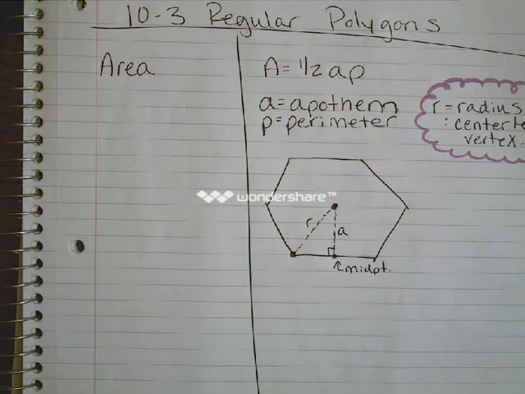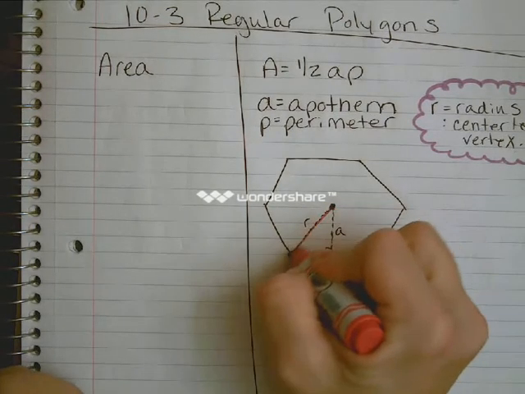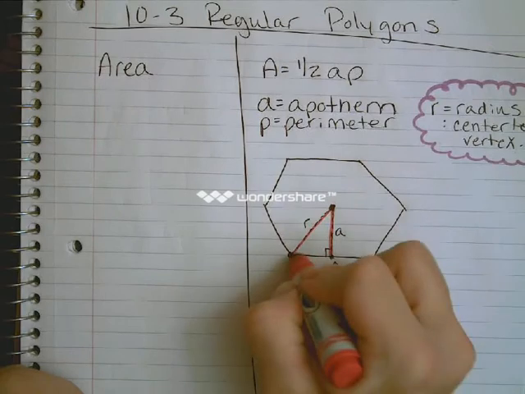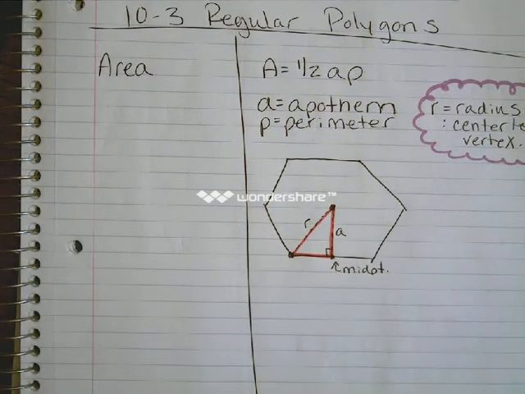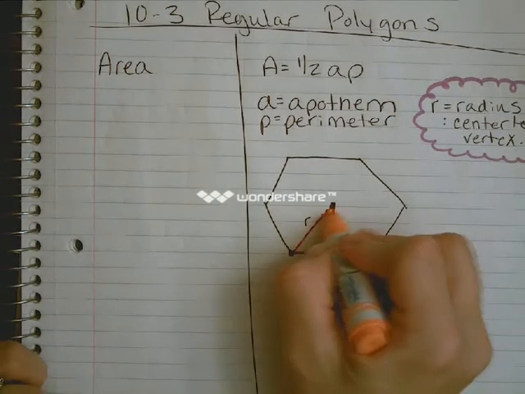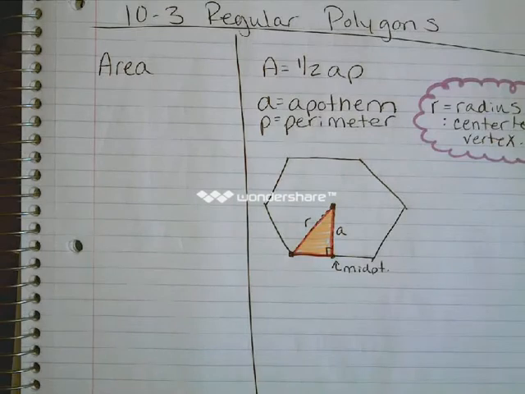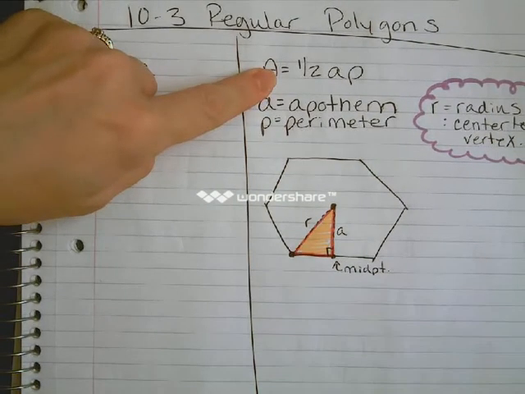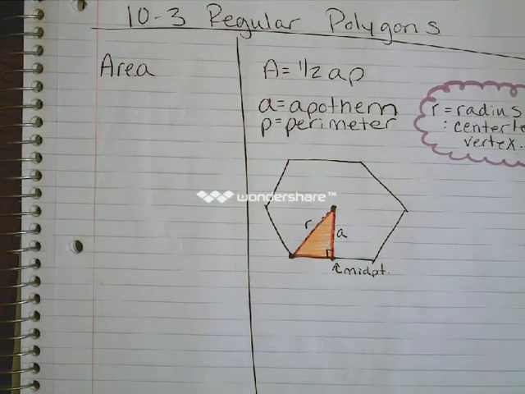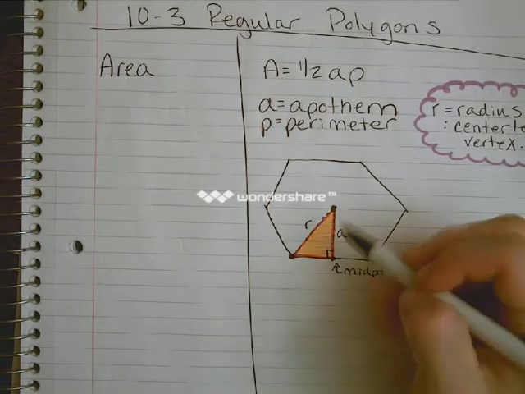The triangle that's formed between a radius and an apothem happens to be a right triangle, and it is going to be an extremely important right triangle, because since you know already that you need the apothem for the area formula, hopefully you can guess by now that we're going to be reviewing a lot of right triangle stuff in the next couple of sections in this chapter, because you're going to have to be able to find this length if it's not given to you.